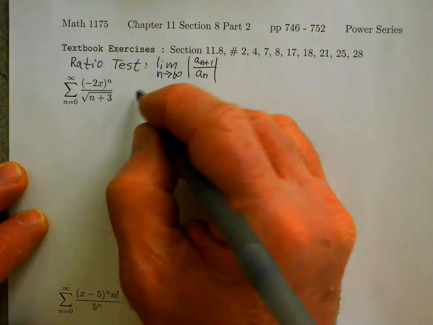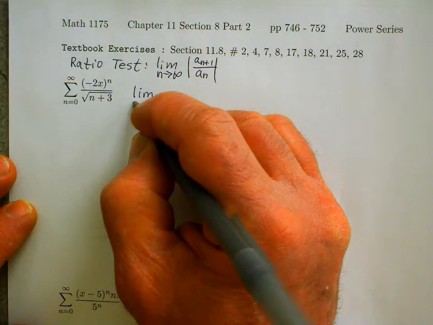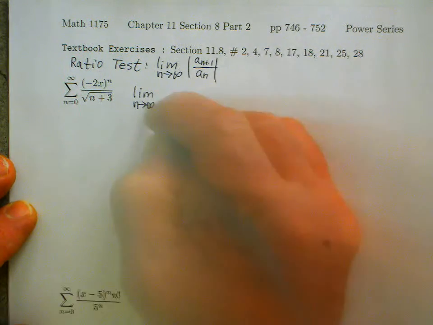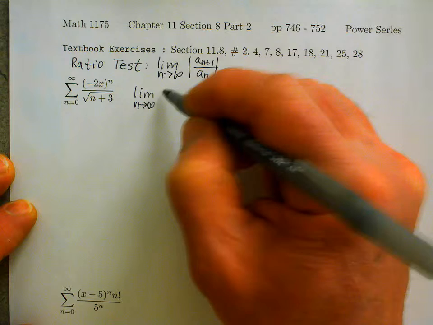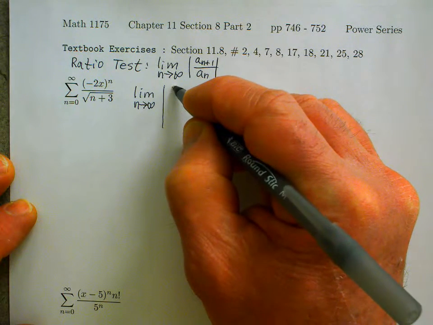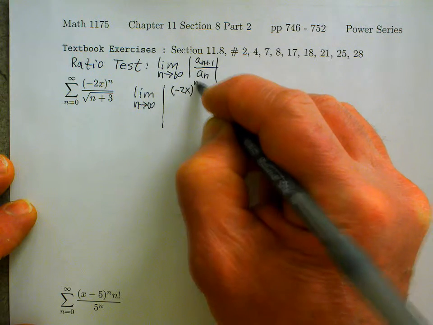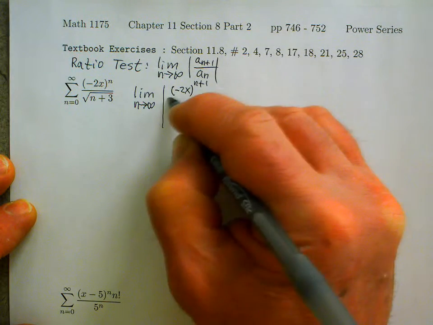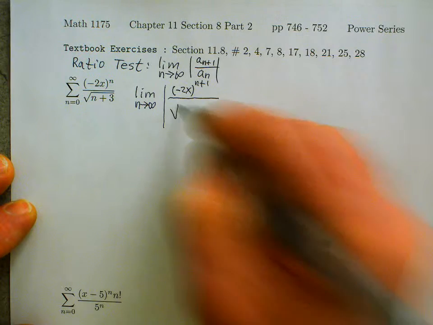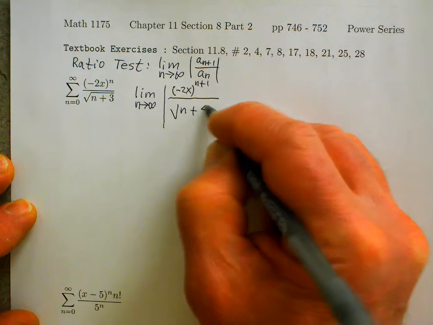Okay, so on this one, the n plus first term is negative 2x to the n plus 1 divided by the square root of n plus 1 plus 3, or the square root of n plus 4.